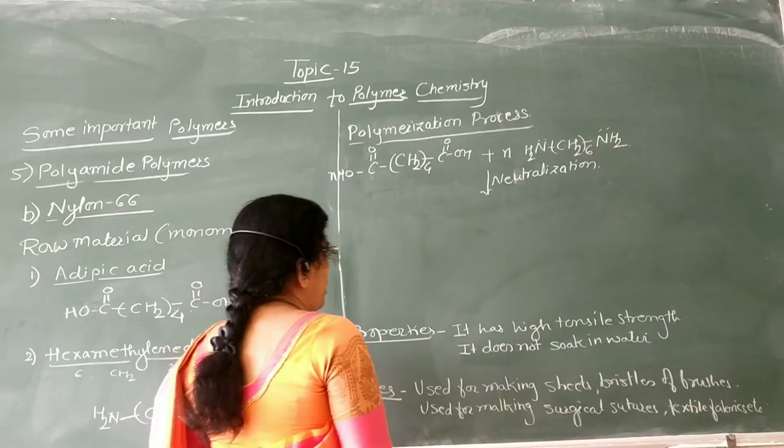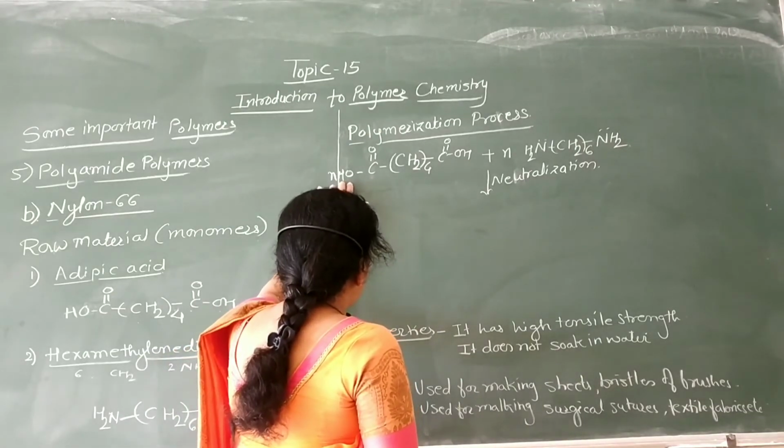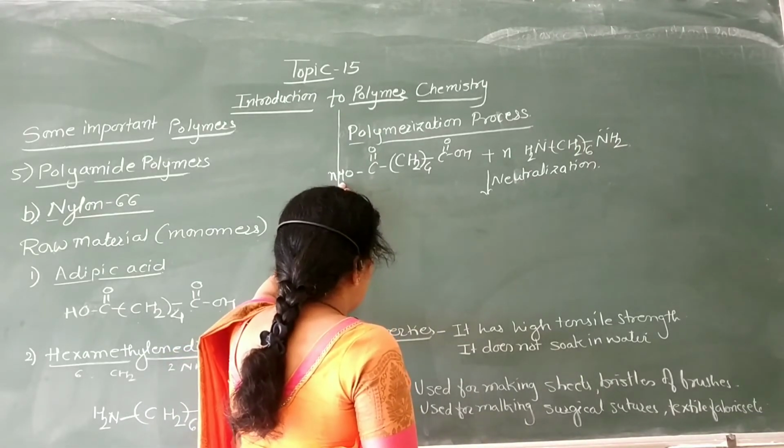Nylon salt is formed. Now what happens here? From this OH group, H plus ion is removed.